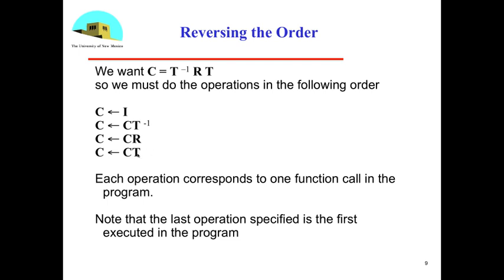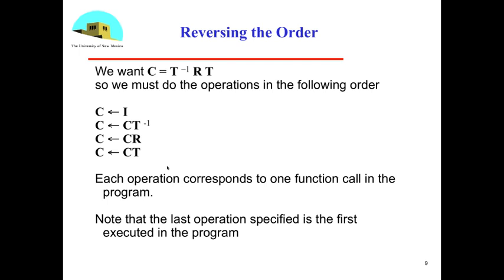Now, when you substitute down, you do get T inverse RT, which is what you wanted. Historically, when people used row matrices rather than column matrices, as we mentioned last time, the order came out naturally. But again, it's just contrary to all the physics and engineering literature. So just remember, the last one specified is the first one actually carried out.